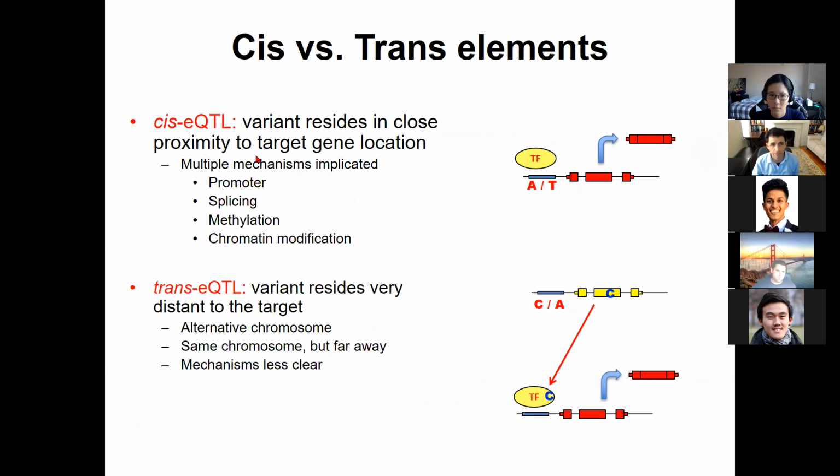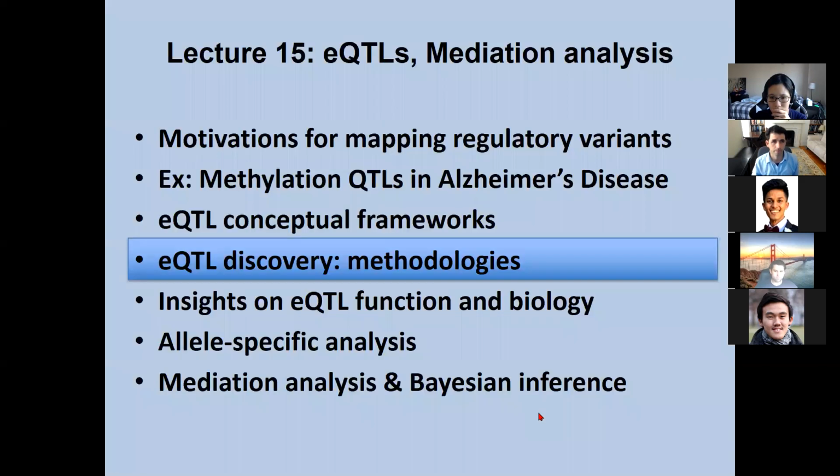The cis variation is usually through a transcription factor that binds a motif that might now be disrupted in a promoter, in a splice site, in methylation, or in chromatin modification, whereas a trans-acting eQTL is usually a genetic variant that changes either the expression of that gene or the binding affinity of that regulator for the particular target.